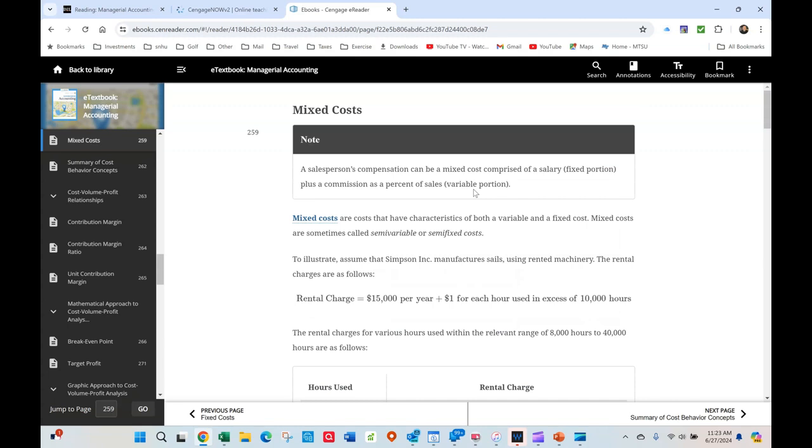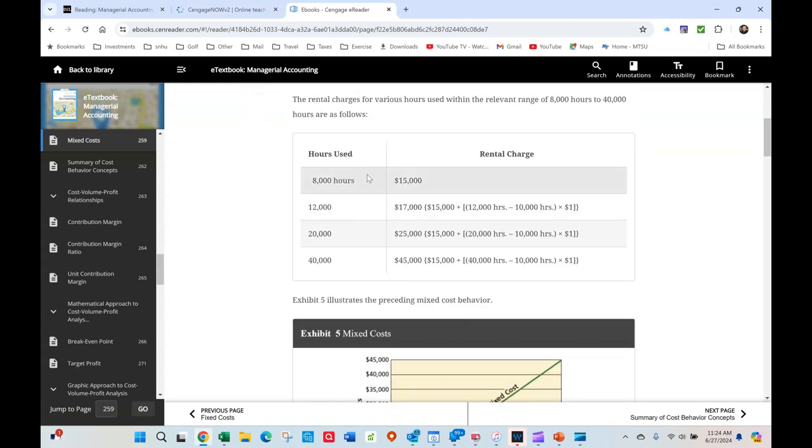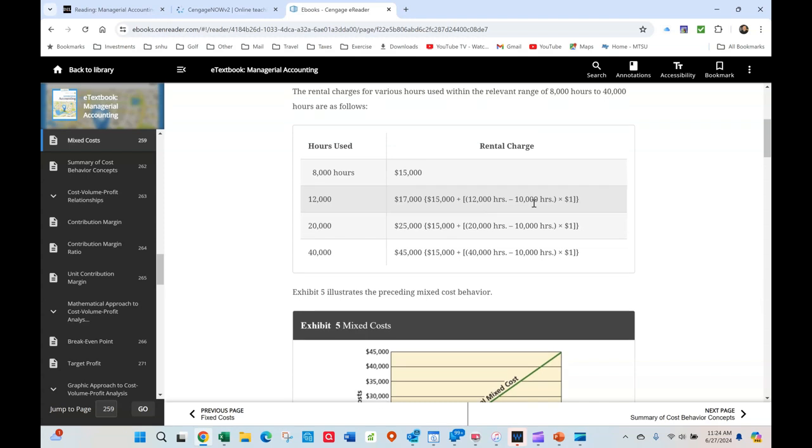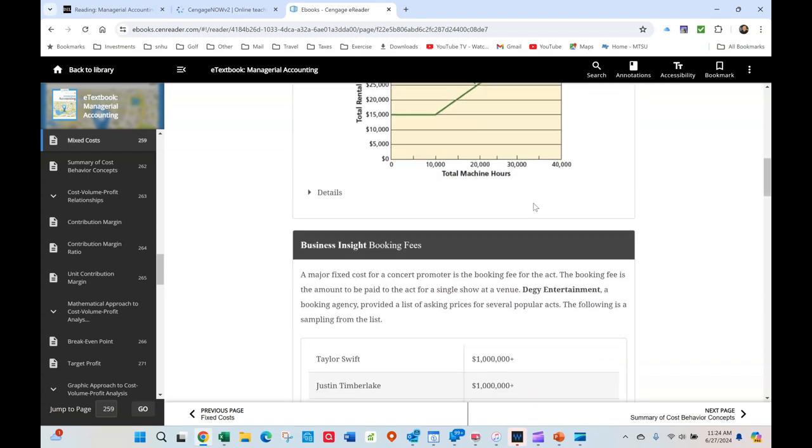You'd have that fixed cost, but then a variable component that would only come into play if you use that much. So here are some hours used as an example. If you only used up to 8,000 hours, you're going to pay $15,000. But if you do 12,000, you're going to pay $17,000, which is your base of 15 plus the additional hours. Okay, so that's mixed cost.